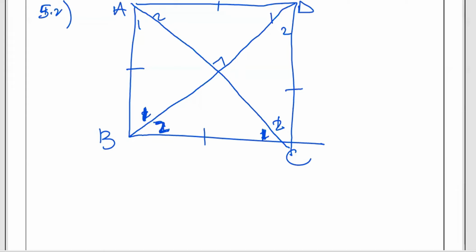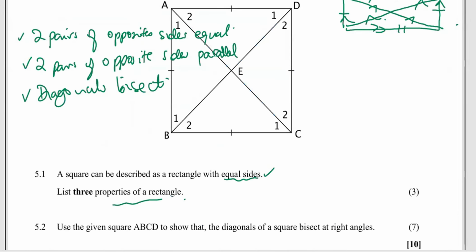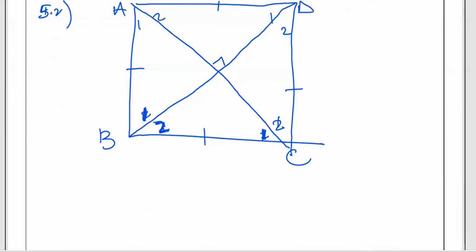So in this case, prove that the diagonals bisect at right angles. Okay, so the only thing we have to prove is that there is a 90 there, there's a 90, there's a 90, or there's a 90 there. Now, we know that this entire angle is a 90. We can start with that. And if it's a 90, we know that the diagonals do bisect the angles, okay?